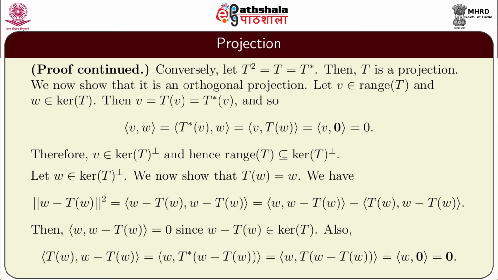So, let us start with a vector V in range of T and a vector W in kernel of T. Then V is equal to T of V is equal to T star V, and therefore, the inner product of V and W is inner product T star V comma W, that is inner product V comma TW, and that is inner product V comma the 0 vector, therefore, it is 0. This therefore shows that the vector V belongs to kernel T perp and hence range of T is contained in kernel T perp.